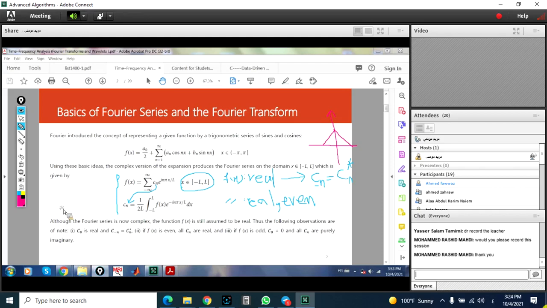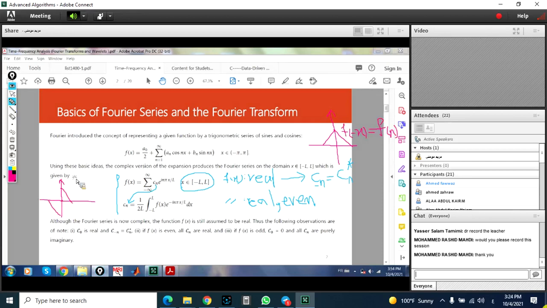The shape of f odd is like here. I write it here. This function is symmetric about the central point, zero.